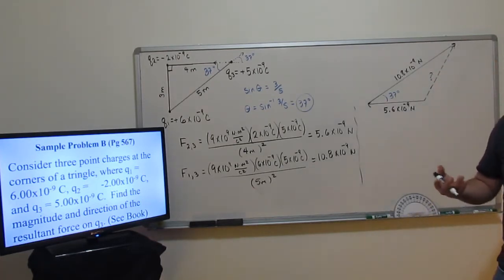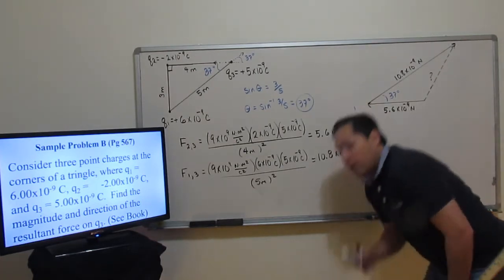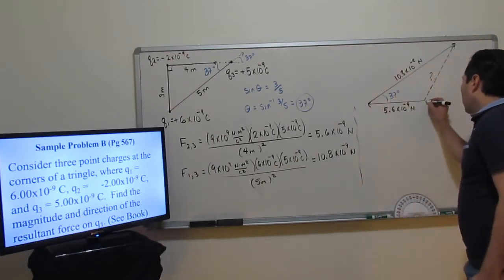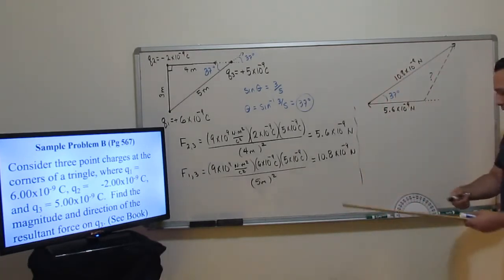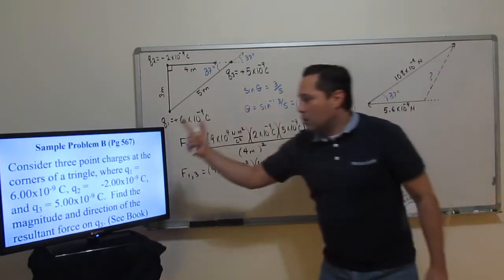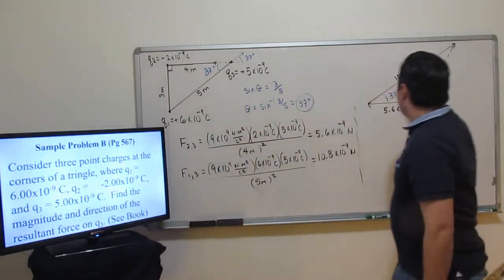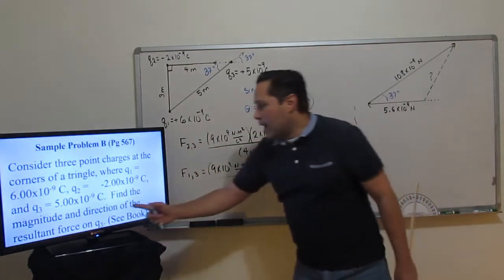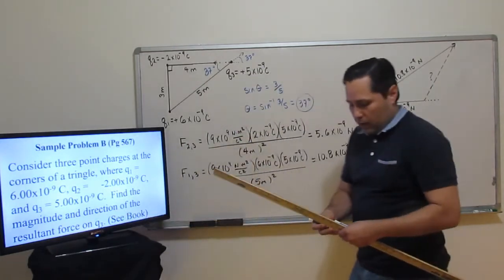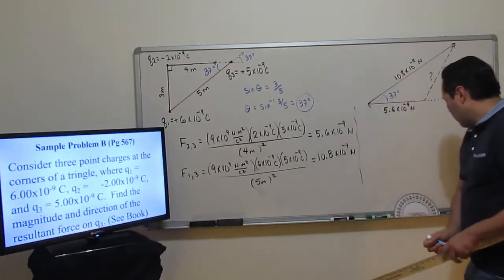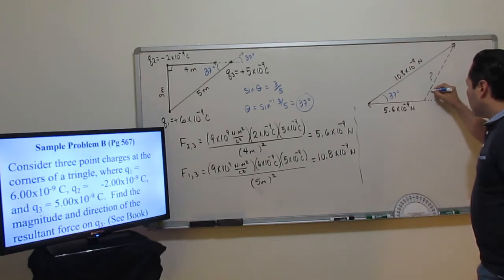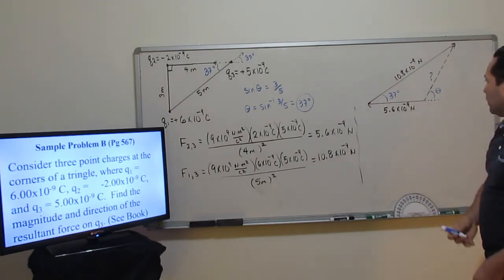On top of that, they're going to want the angle. Which angle? That one right there. Because they ask, what is the magnitude, which is the value, the length of that arrow, and the direction. Which direction is it traveling at? That's what we're looking for in this problem. So also we're looking for that angle right there.